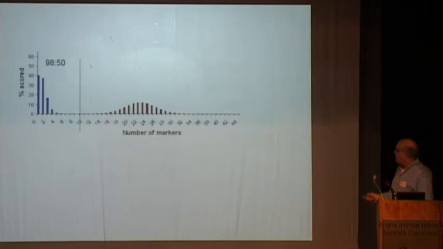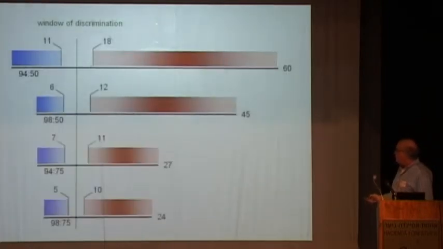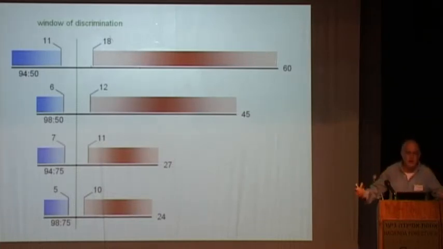We can also see that in a situation, for example, as I showed you previously, 98% specificity, 50% sensitivity, the window of discrimination is, as you can see, rather large. If we improve the conditions or not, we can get different patterns and try to ascertain what kind of epitopes, what kind of panels we would like to construct in order to get the immunodiagnostic power we're seeking. Okay, so this is the situation.